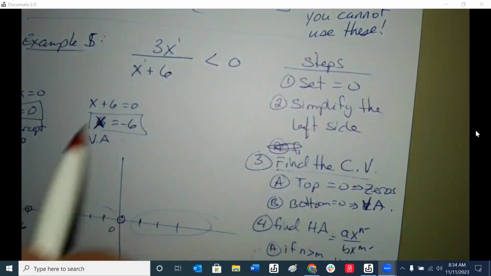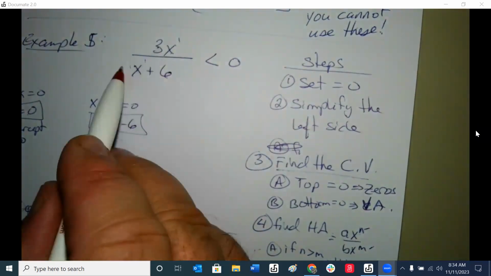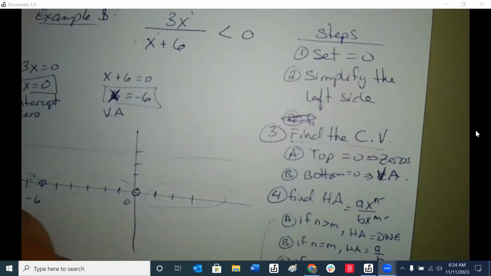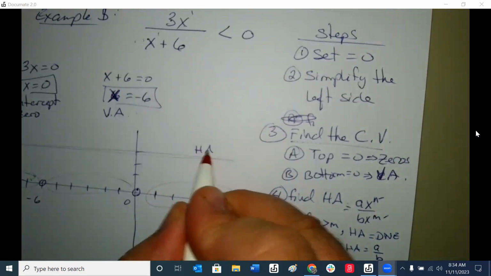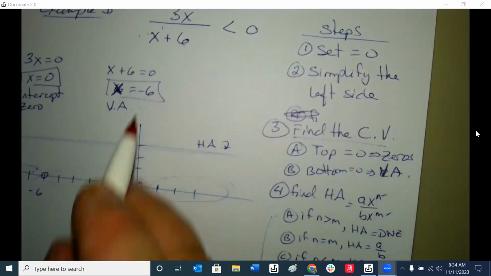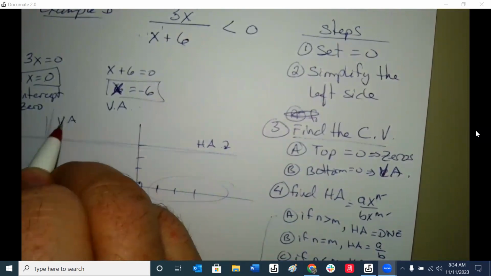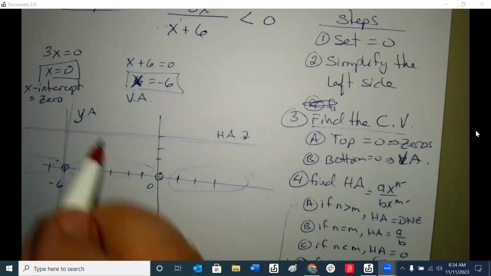Because the degrees of the leading terms are both 1, my horizontal asymptote is at 3 over 1. This is my horizontal asymptote. My vertical asymptote is there.